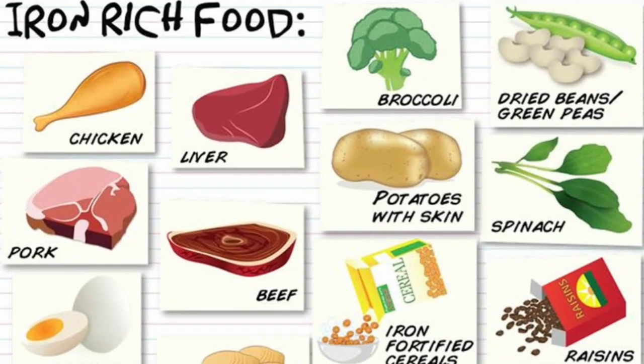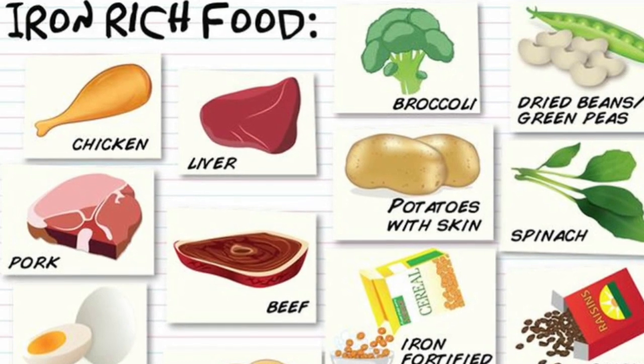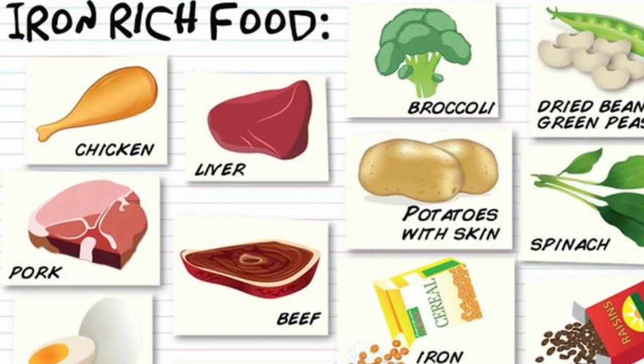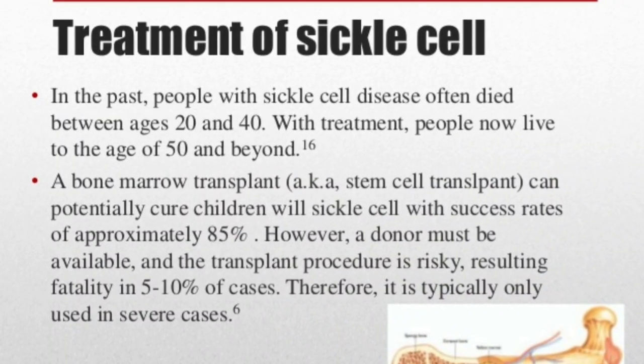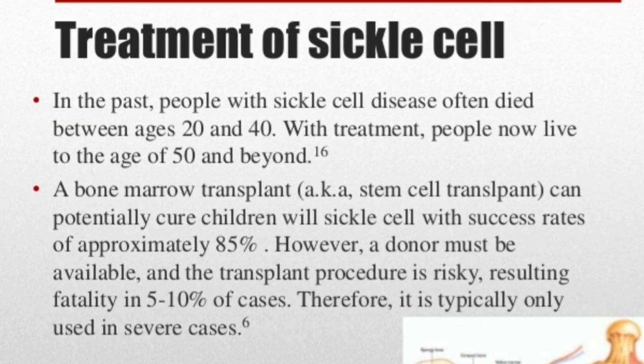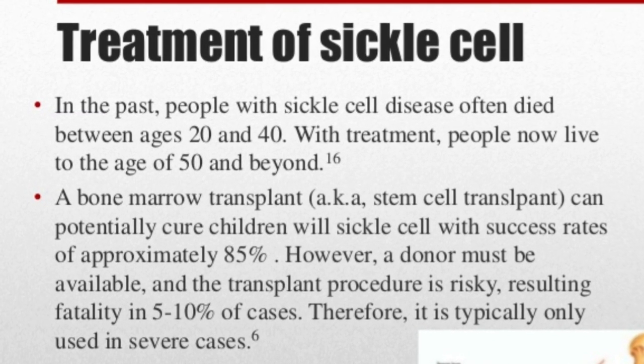The intake of iron-rich food may increase the amount of hemoglobin in the blood. In the past, people with sickle cell disease often died between the ages of 20 and 40. With treatment, people now live up to the age of 50 or beyond.